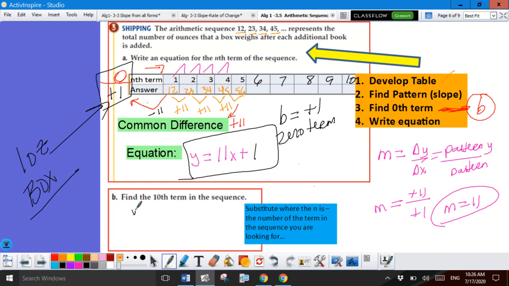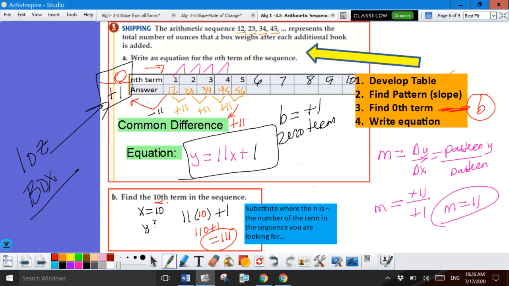But the reality is, all they're really saying is let x equal 10, find y. So I can just substitute. I can take the 10, drop it in for my x. That's 110 plus 1, which is going to give me 111. So the 10th term would be 111.